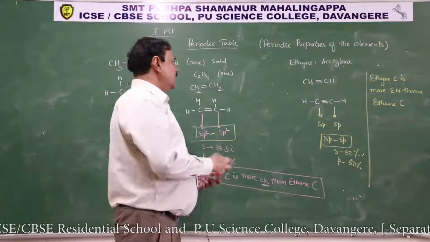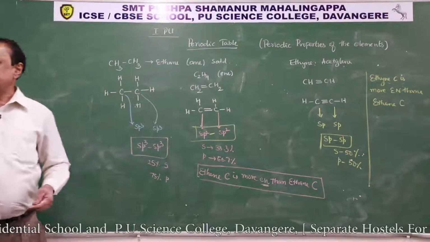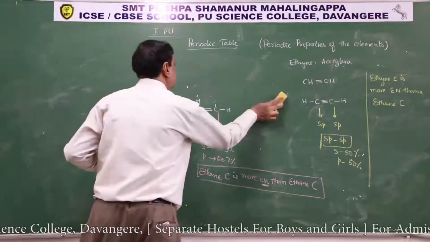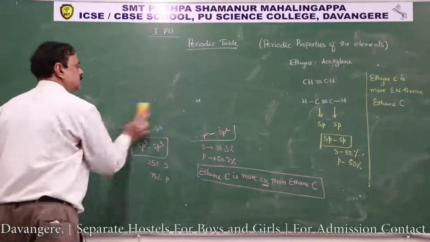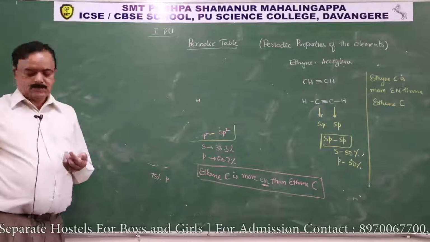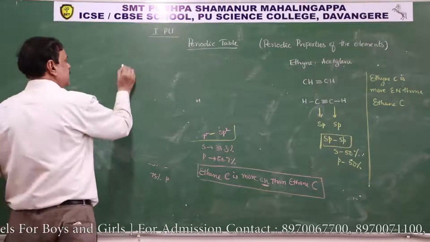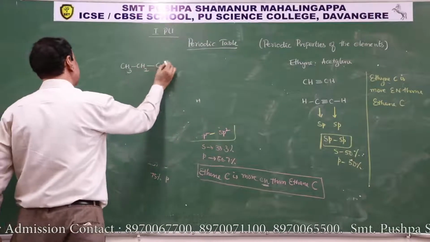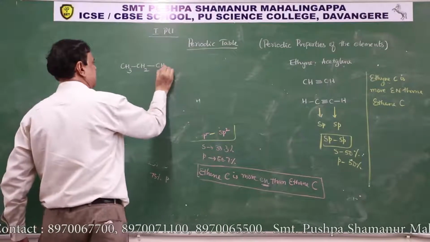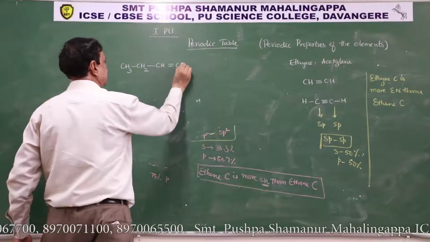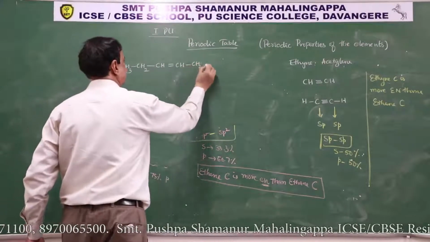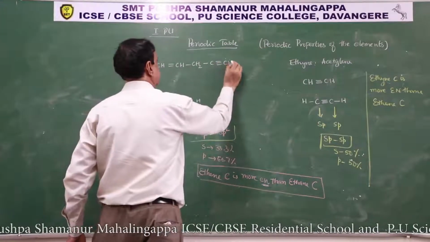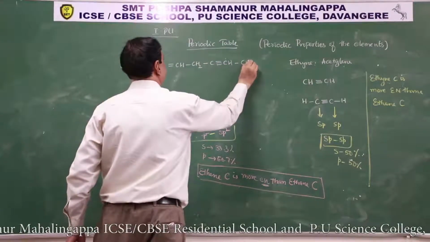That is why, suppose in an entrance exam they give one of the molecules like this: CH3, CH2, CH double bond CH, single bond CH2, C triple bond CH, and single bond CH3.